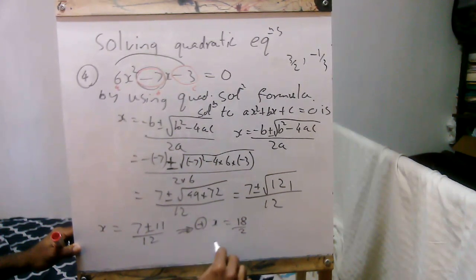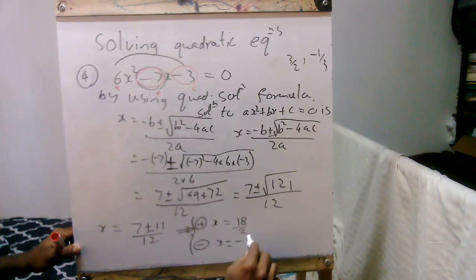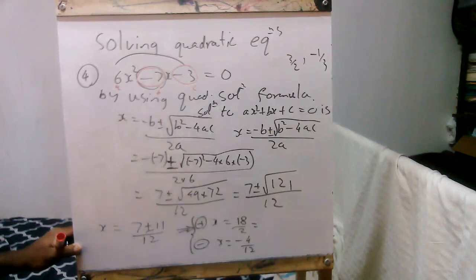With minus we get x equals negative 4 over 12.